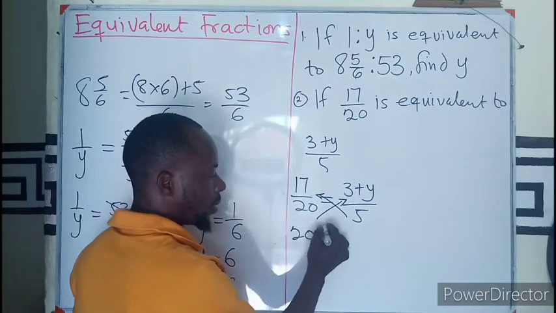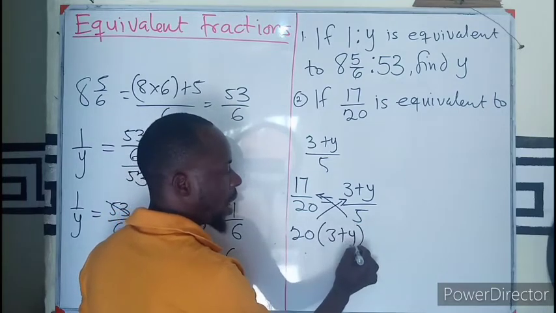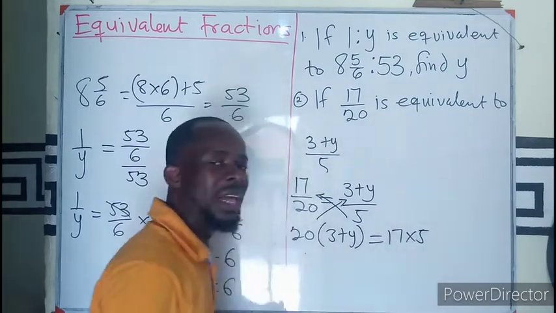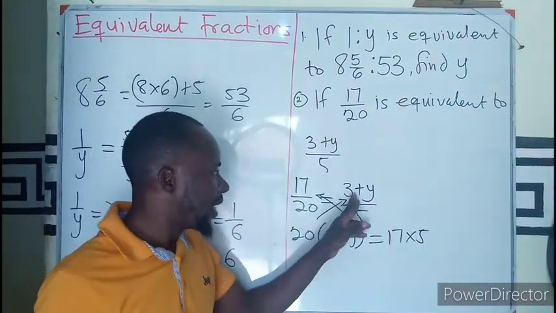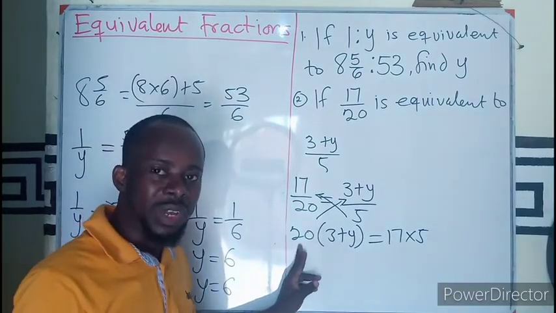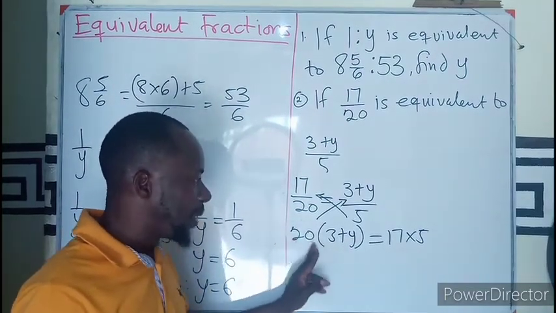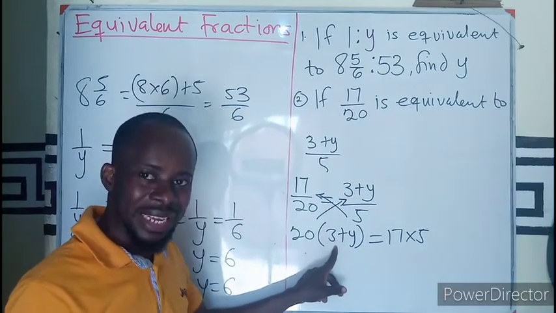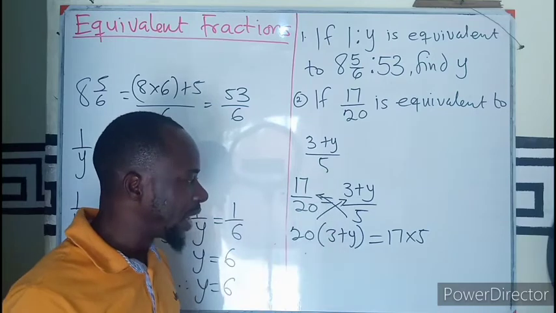So 20 multiplying 3 plus y should be equal to 17 times 5. Don't forget, these two terms are placed in a bracket before applying the 20. If you write 20 times 3 plus y, you will only be multiplying the 20 by 3, leaving the y. So put them in a bracket.